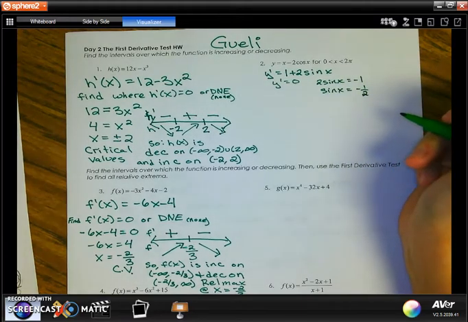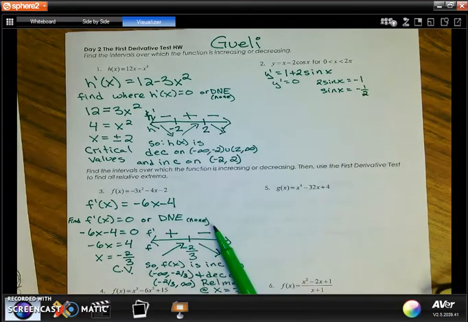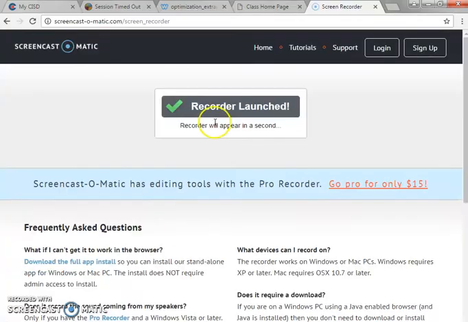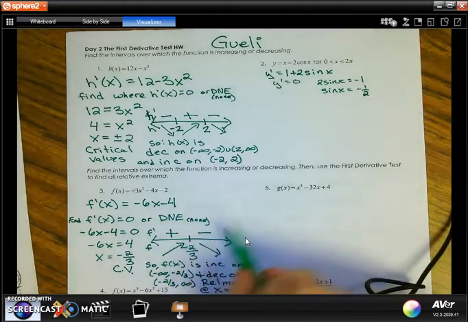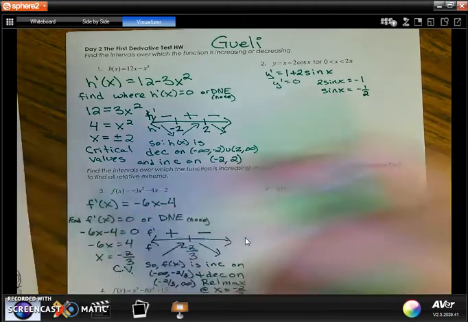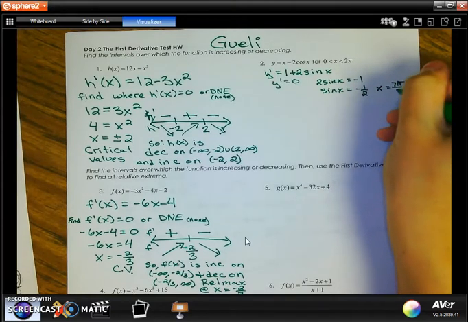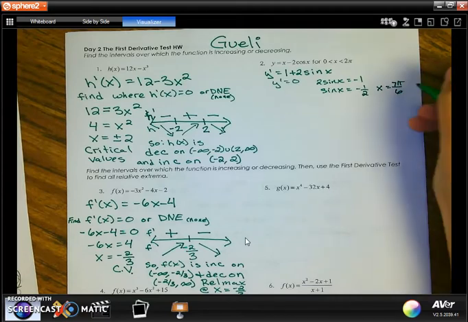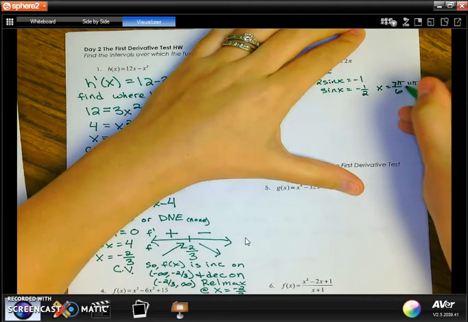Then I ask myself, where on the unit circle does sine equal negative 1/2? On your unit circle, that's going to occur at 7 pi over 6 and also at 11 pi over 6. So x equals 7 pi over 6 and 11 pi over 6.